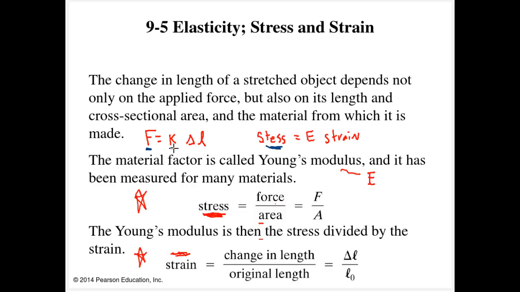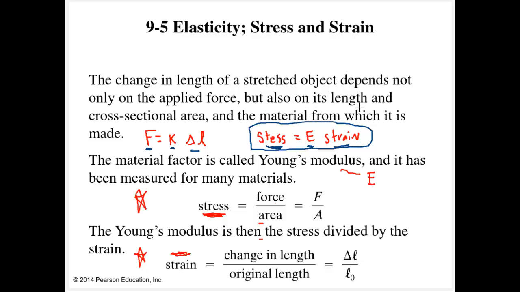Here I have a constant that is depending on what the object is made out of, how stretchy it is. The same is true for Young's modulus. It depends on the material of which it's made out of. And then the strain right here, how much it is deformed by, is very similar to Hooke's law. So Hooke's law is kind of a generalized version of this equation right here.